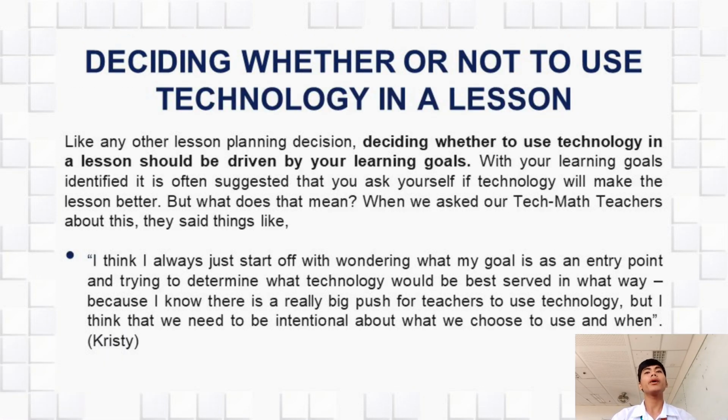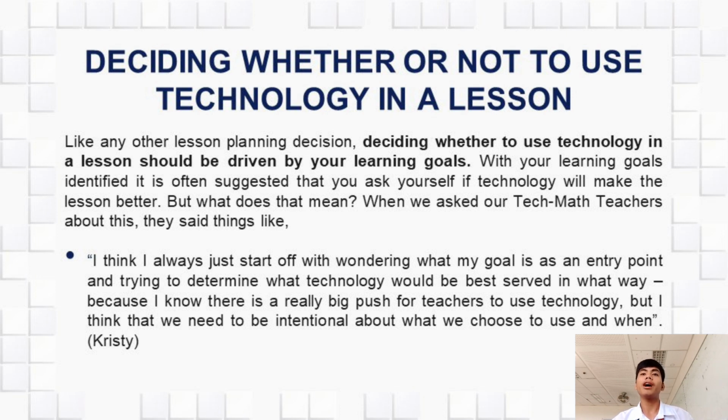Next is deciding whether or not to use technology in a lesson. Like any other lesson planning decision, deciding whether to use technology in a lesson should be driven by your learning goals. With your learning goals identified, it is often suggested that you ask yourself if technology will make the lesson better. But what does that mean?